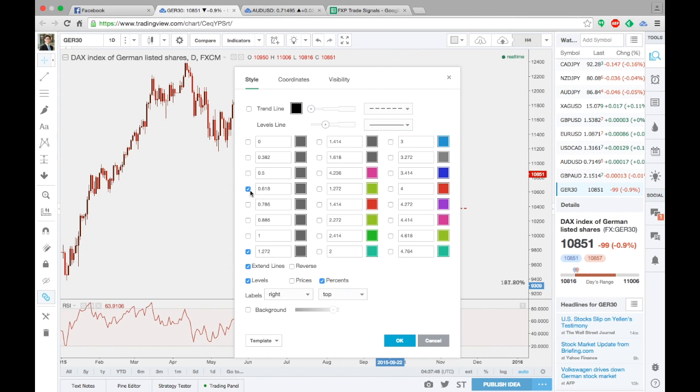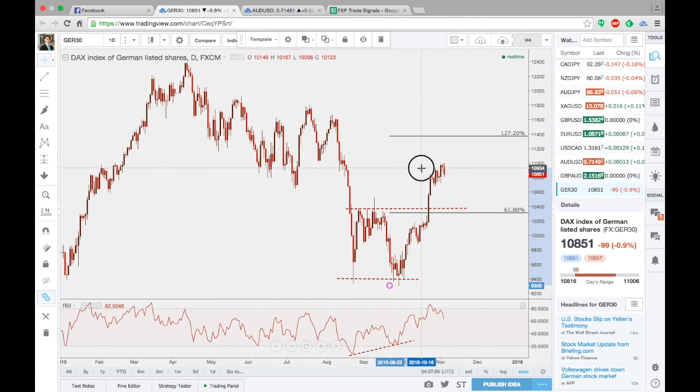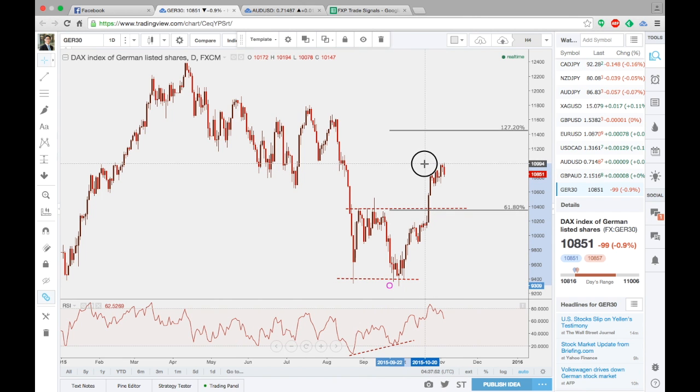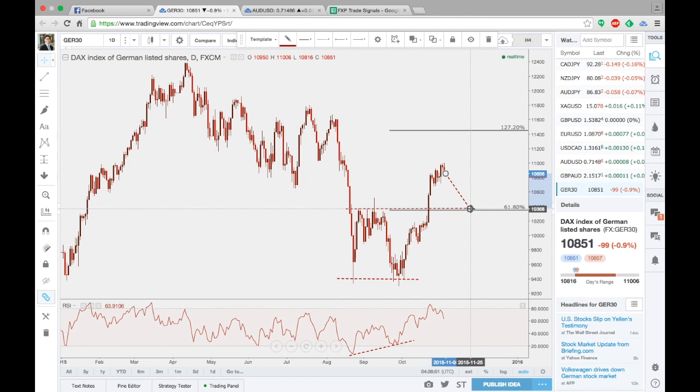Let me pull in the 618 level and where the most recent high is. What we are interested in is when price retraces back towards the 618. This is the region in which we will buy into it, and we're expecting price to continue higher.